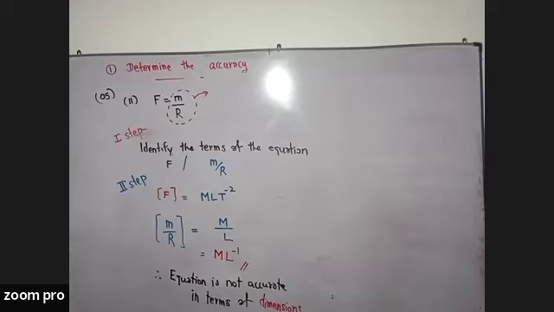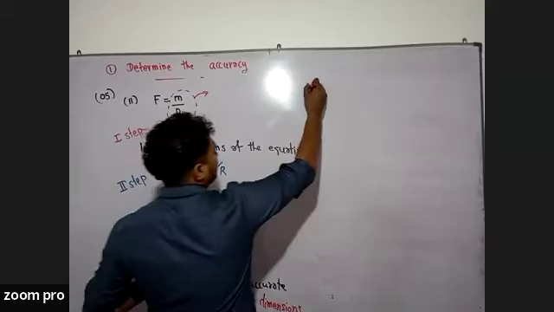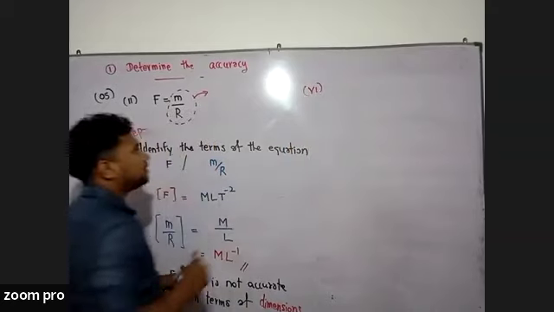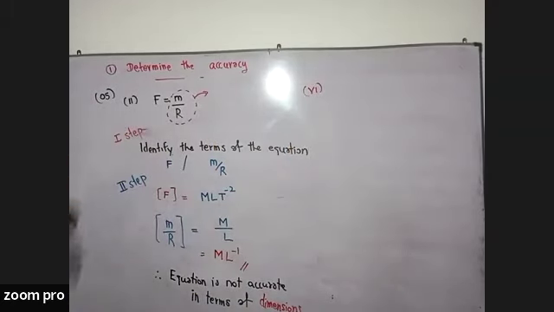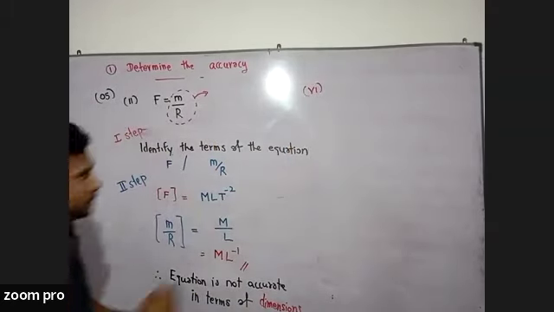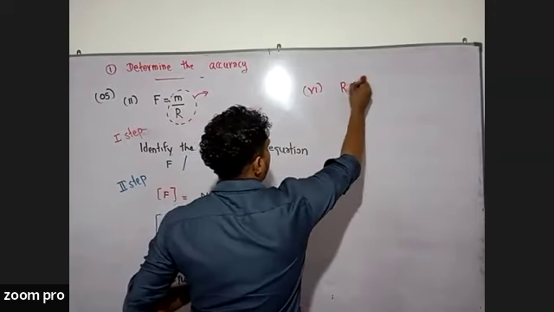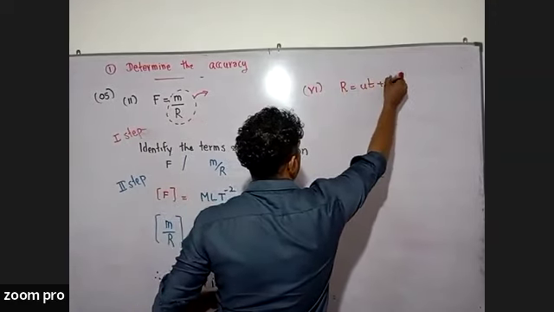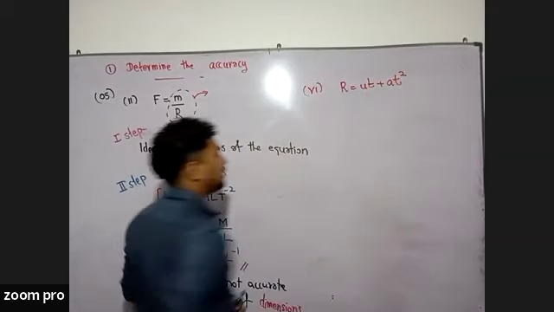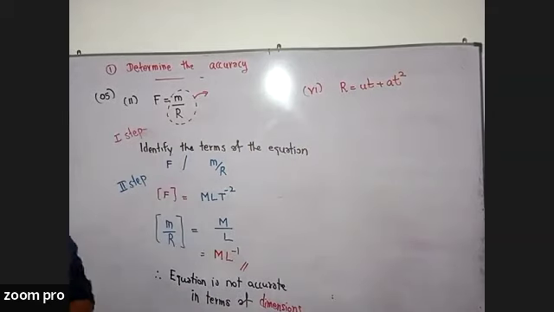Okay. Just copy this one. Then after copying, move to the Roman number 6 question under the fifth question, that is R equals ut plus at squared.